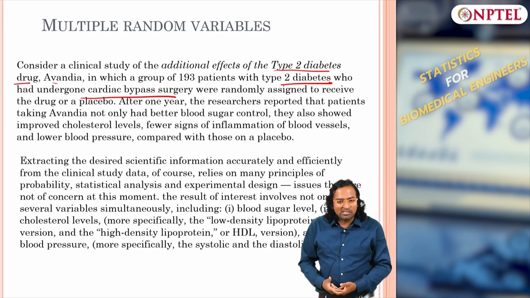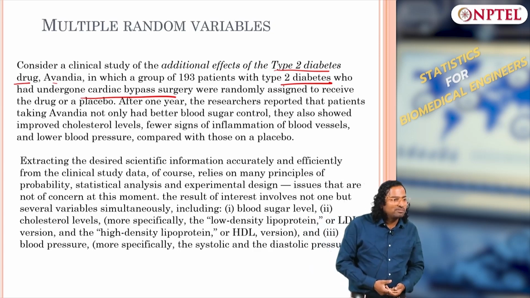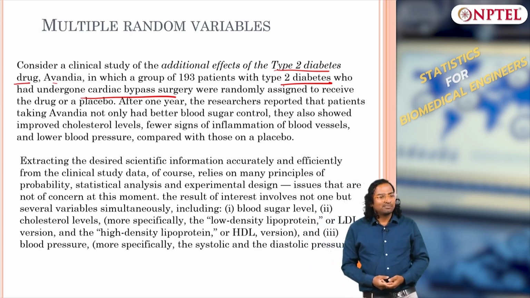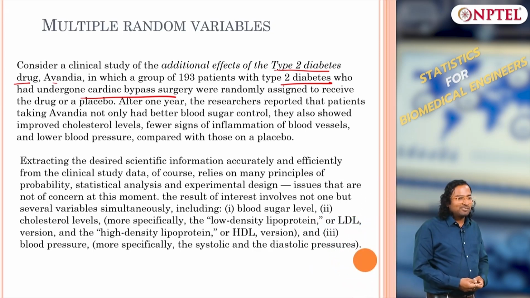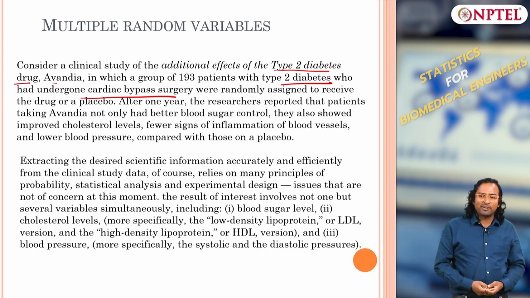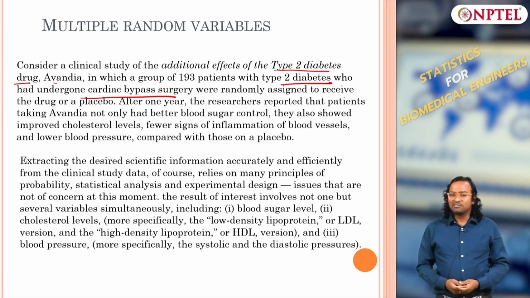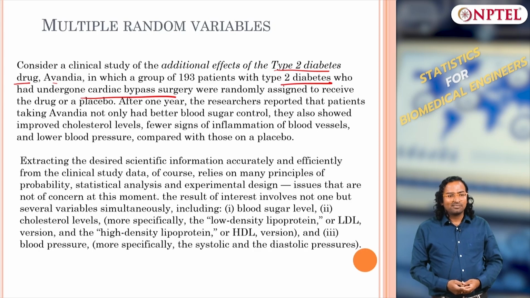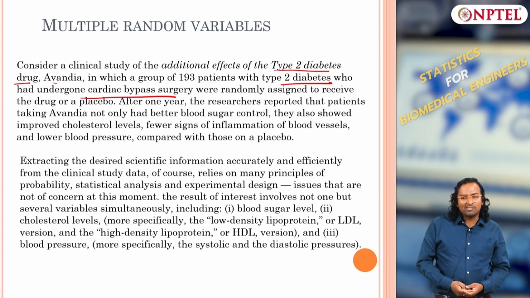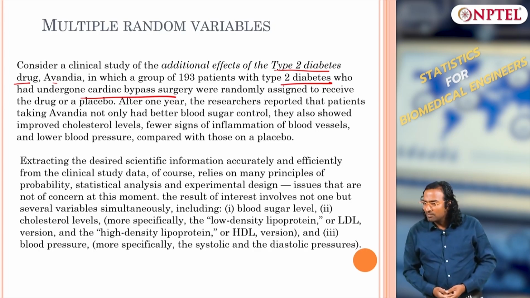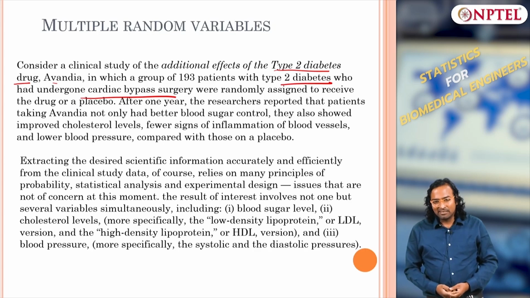Now cholesterol levels, will it have an effect or no? Why? Why will cholesterol levels have an effect on the blood sugar? If cholesterol levels are high, the liver cannot function as intended.